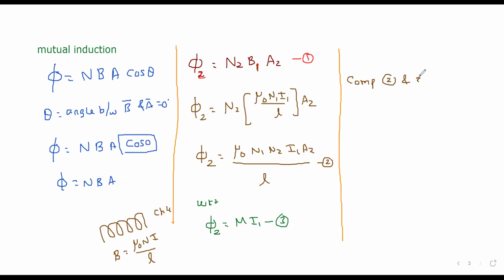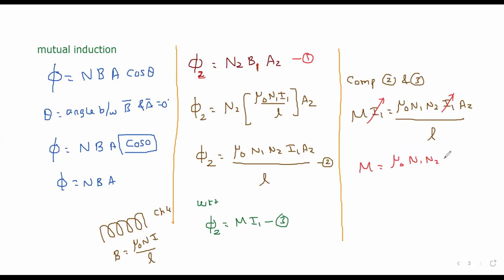What do we get? M I1 is equal to mu naught N1 N2 I1 A2 by L. Right? Then automatically I1 and I1 cancel. So M is equal to mu naught N1 N2 A2 by L.